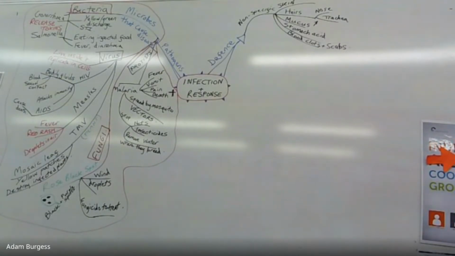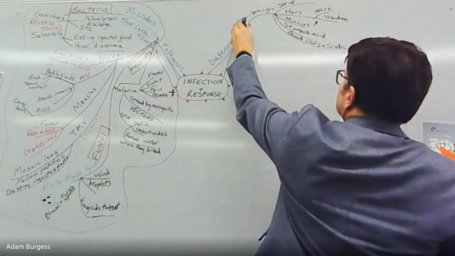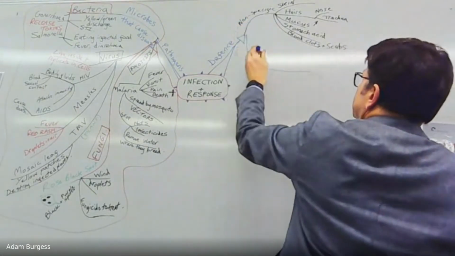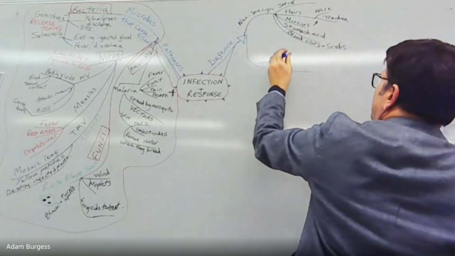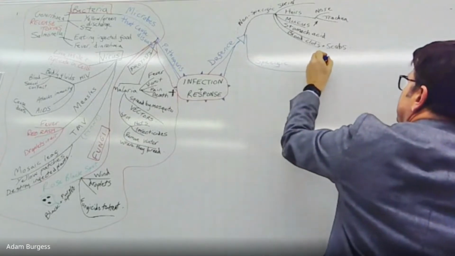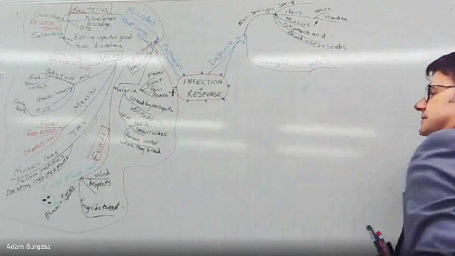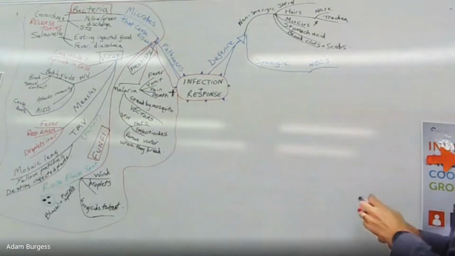Let's talk about the specific. We're talking about the good old WBCs, white blood cells. They specifically produce 3 things.